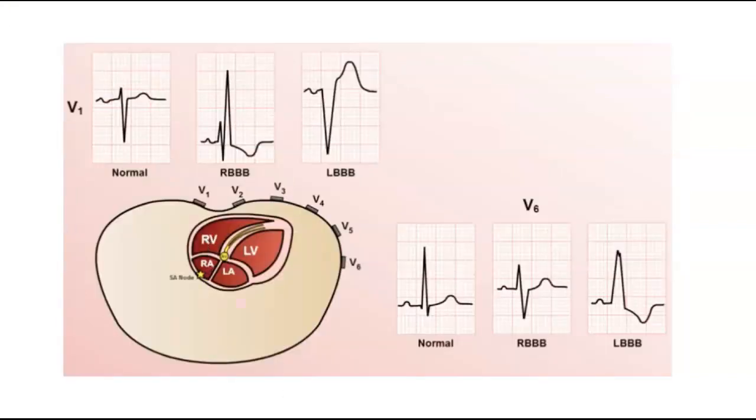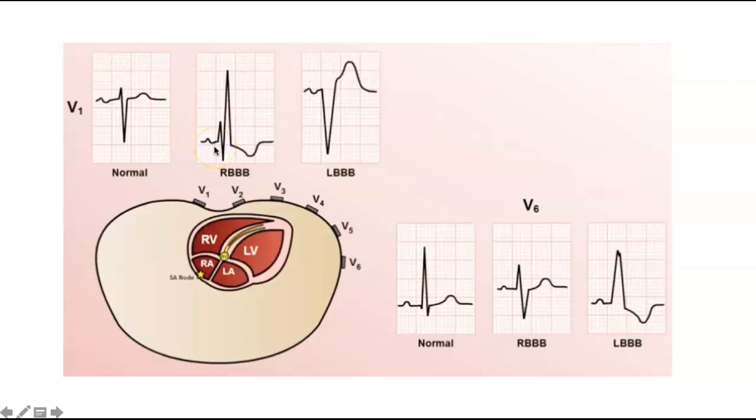The major changes in blocks are in the shape and duration of the QRS complex, since it's ventricular depolarization that has been altered. When we look specifically in the precordial lead V1, we notice that the right bundle branch block has a characteristic R wave, S wave, R prime, S wave appearance to it.